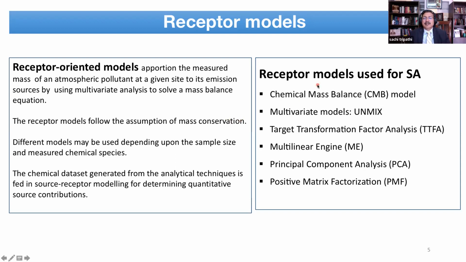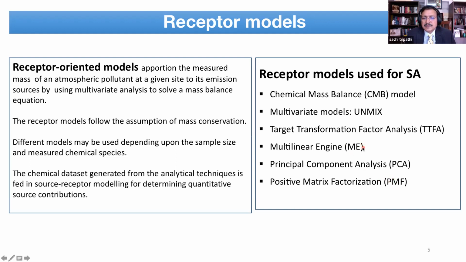Okay, so in receptor models currently, there is a whole genre of models that people are using. For example, there is the chemical mass balance model, which has become slightly old. Then there is a multivariate model, a whole group called Unmix. Now, recently, US EPA and others have started using positive matrix factorization, PMF, which has become a more staple tool for receptor-based modeling.